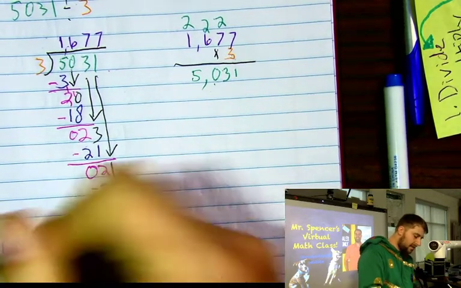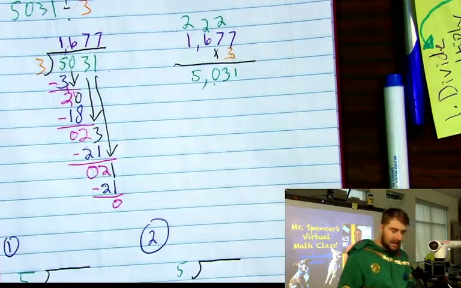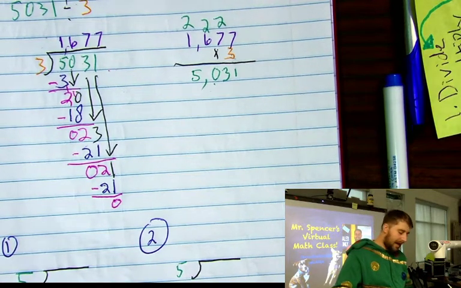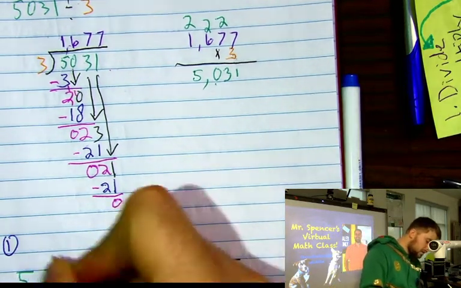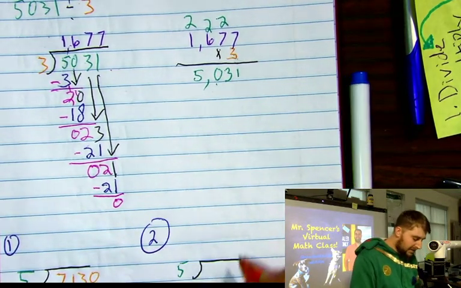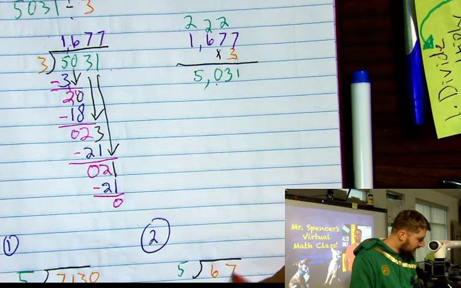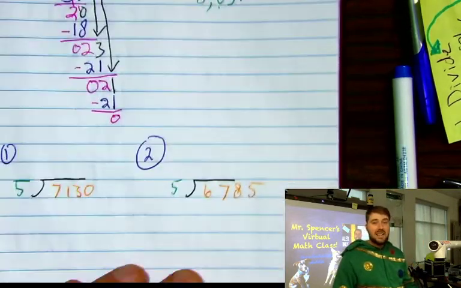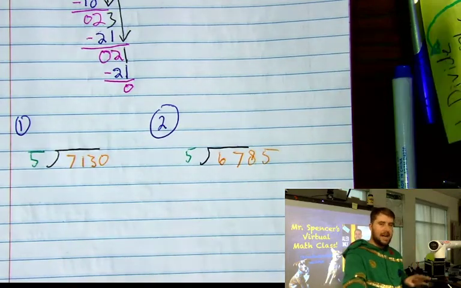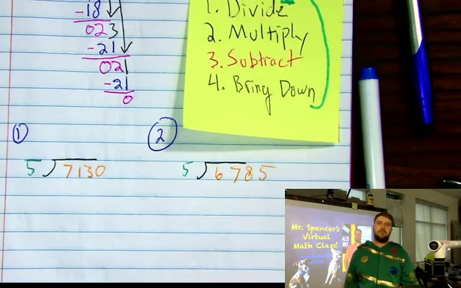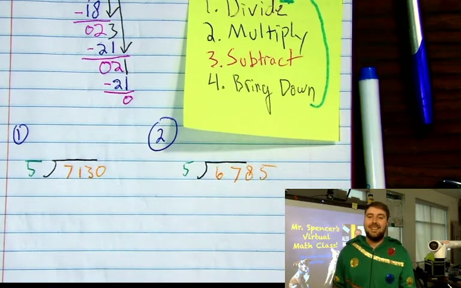So if you want a head start on these, I would go ahead and make a T-chart of your multiples of 5, or your multiplication table for 5. The first problem we are going to do 7,130 divided by 5. And the second problem is 6,785 divided by 5. So go ahead and solve those 2 problems using our 4 steps, and then submit your 2 answers in our exit ticket spot on the folder for today.